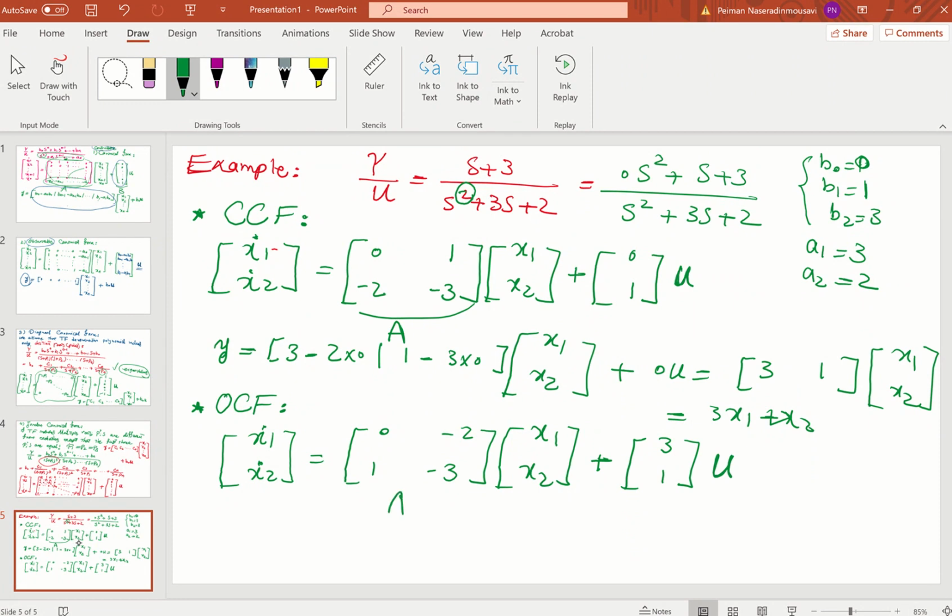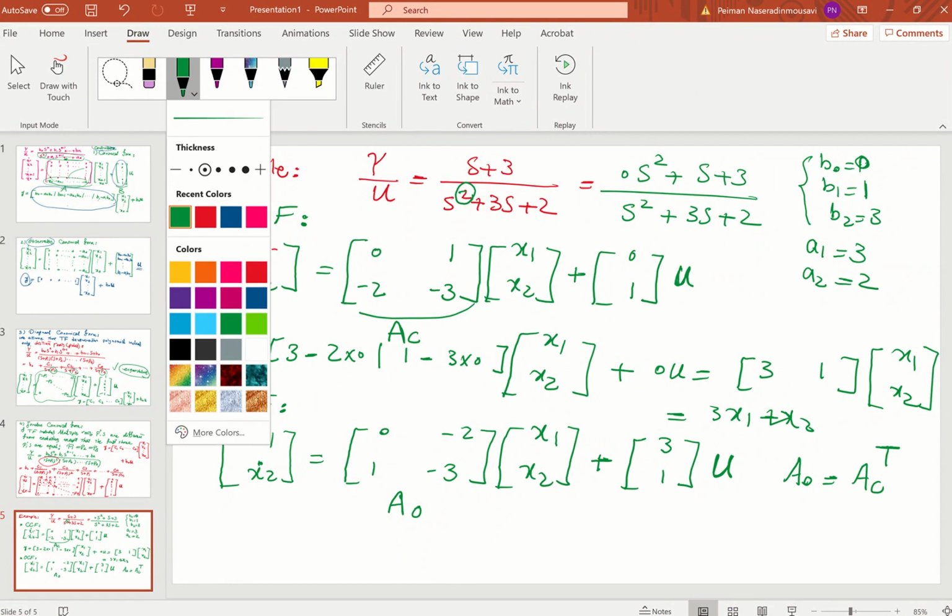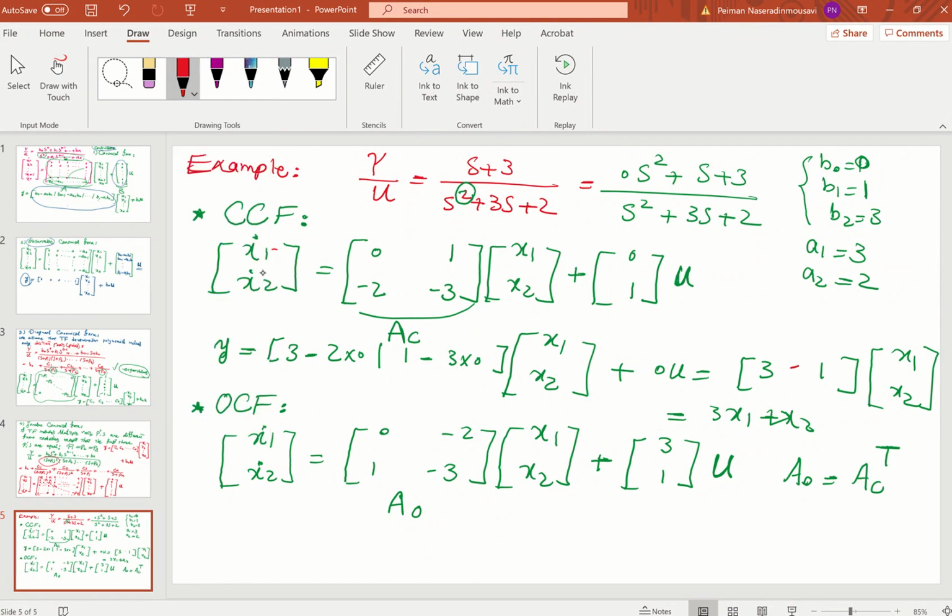So A of observable is A of controllable transposed. This is the golden and important simple relationship between them.